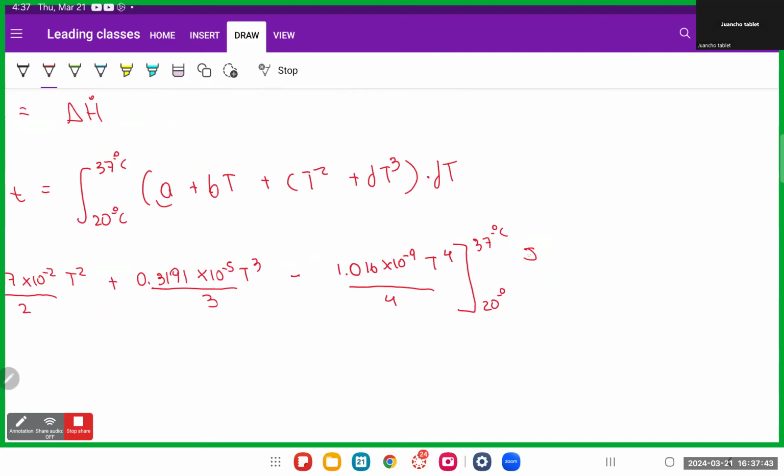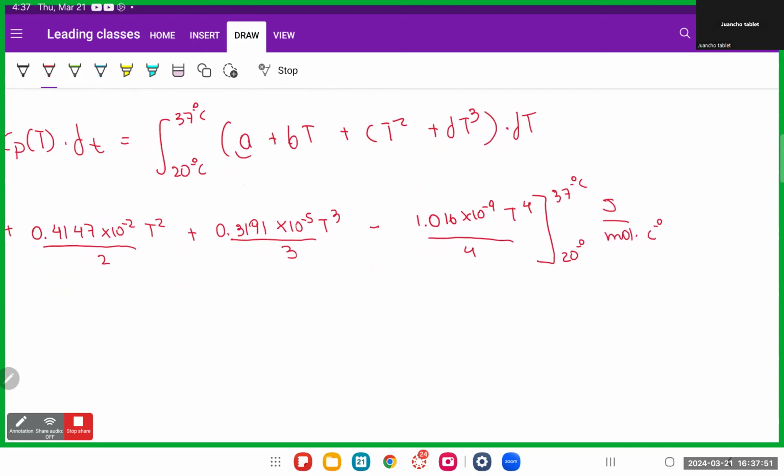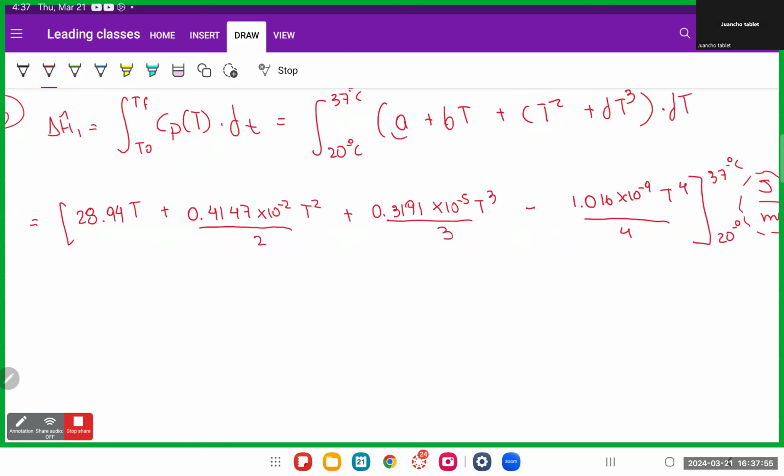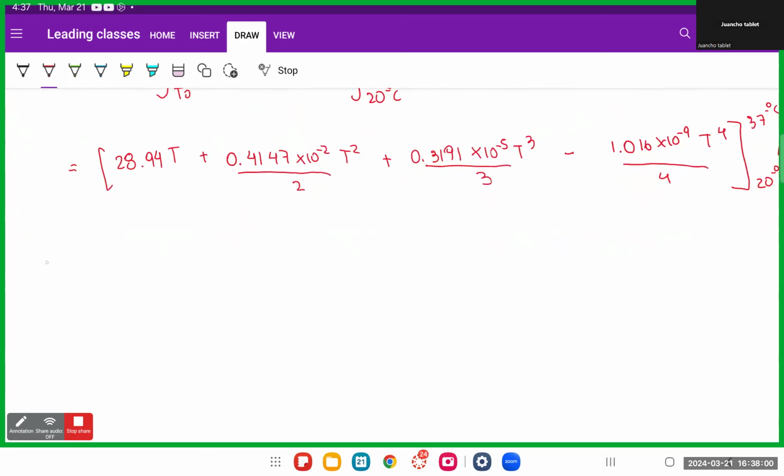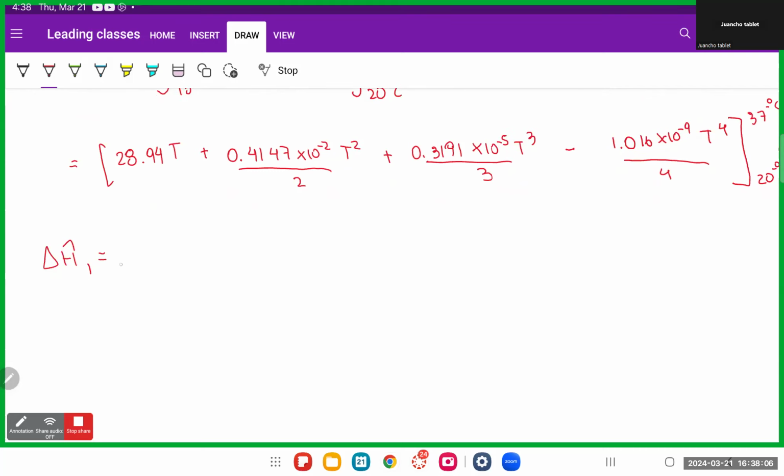The units for this are joules over mole degrees Celsius, so we are going to end up with just joules over mole. By solving this, we get that the specific enthalpy of that first path, just the dry air heating up from 20 to 37, is equal to 494 joules over mole.